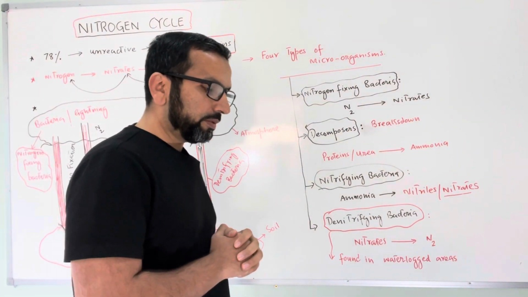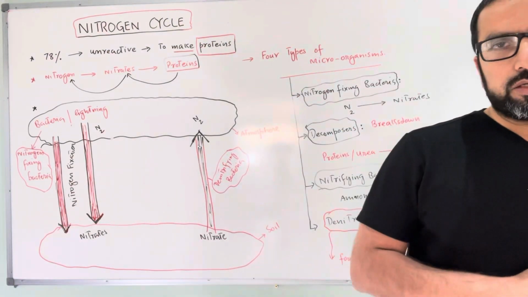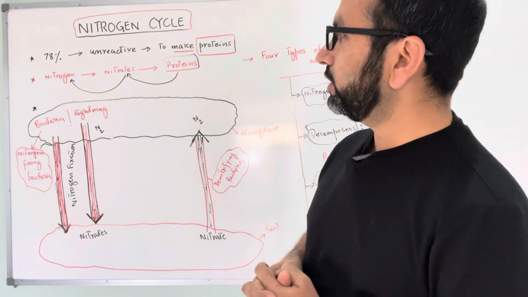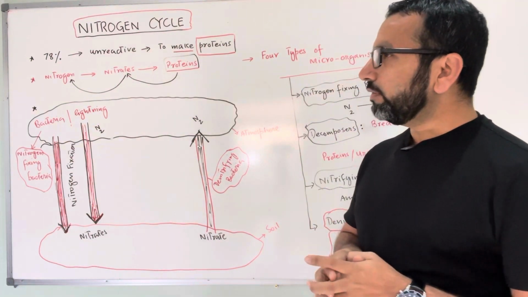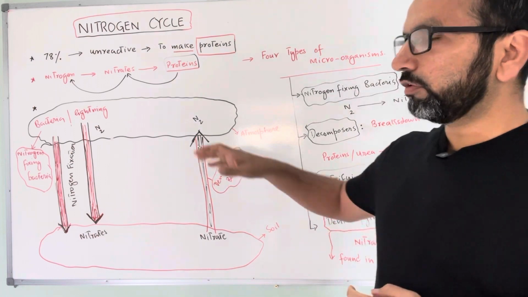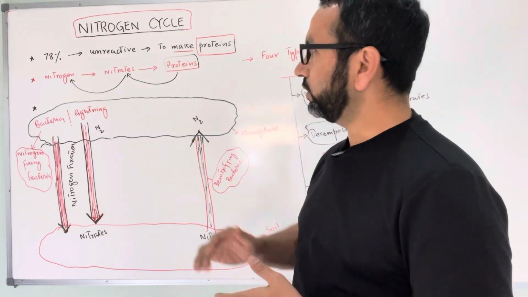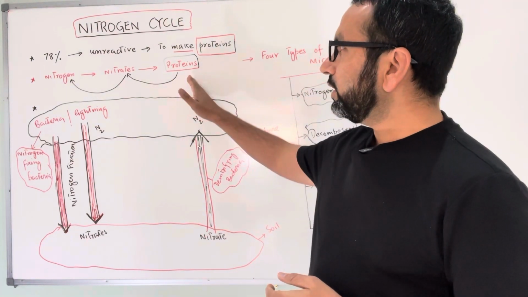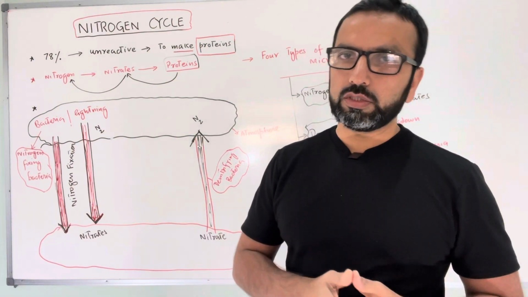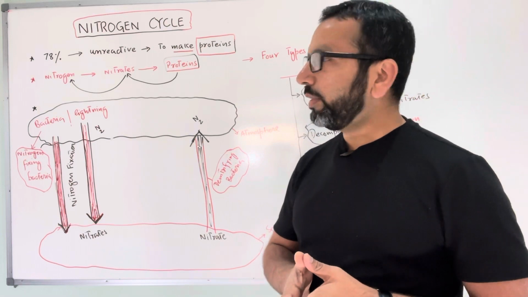So the main purpose of the nitrogen cycle, or of the nitrogen gas in living organisms, is to use nitrogen for the better growth, to make proteins, and proteins are used for the process of growth and for the process of repairing.